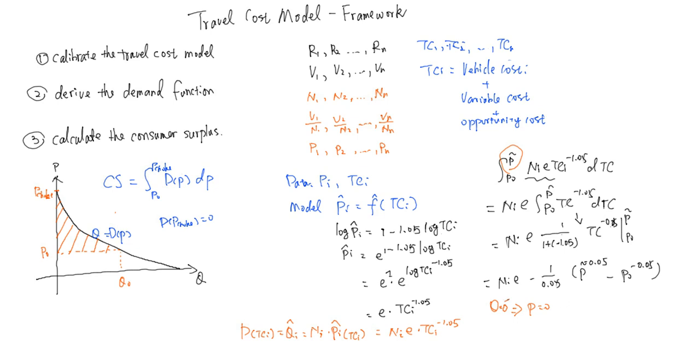So here let's say Q is 1, so the probability becomes 1 over Ni, and log P is just negative log Ni, which is going to be equal to the constant minus 1.05 log P tilde. You know this number, so you can calculate P tilde from here, and that basically concludes the whole travel cost model. And for this calibration, you can just use OLS. That will be fine.